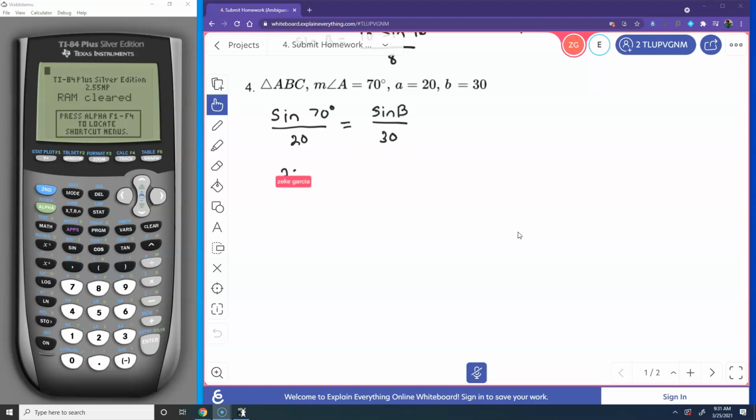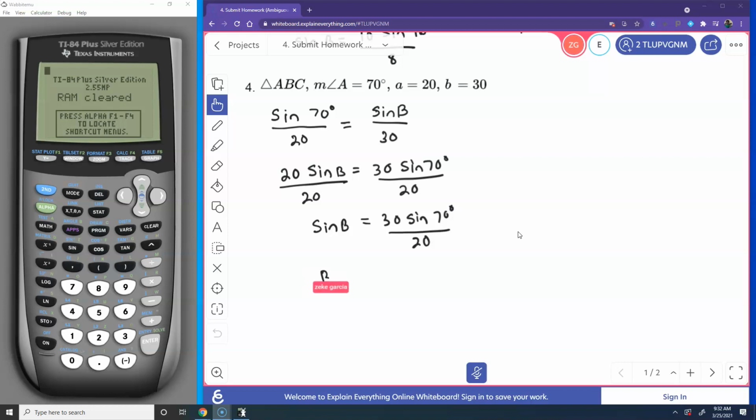So we have 20 sine of B is equal to 30 times the sine of 70 degrees divided by 20. So we have the sine of B is equal to 30 sine of 70 degrees over 20.